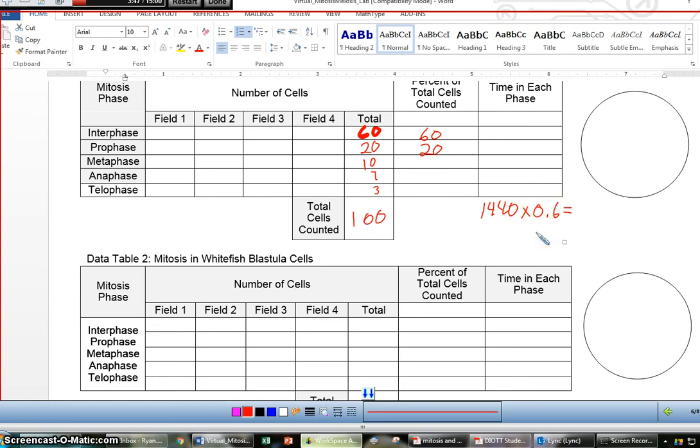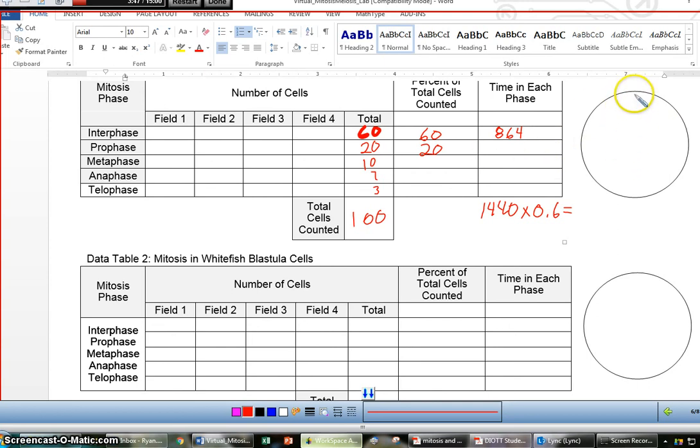Let me just grab my calculator here really quickly and do that. 1,440 times 0.6, I get 864. So the total time spent in this phase, according to the picture, would be 864 minutes.